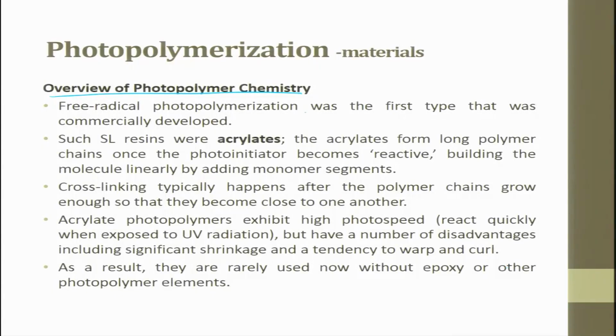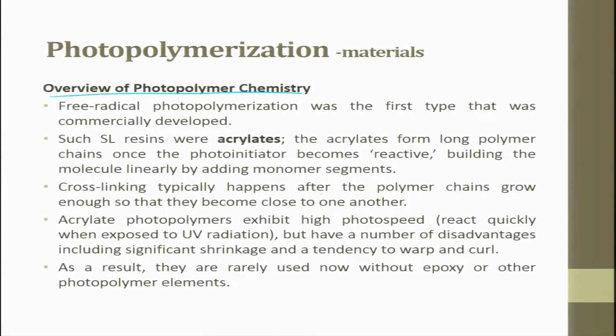The overview of photopolymer chemistry. Free radical photopolymerization was the first type that could be commercially developed. Since SL resins were acrylates, the acrylates form long polymer chains once the photoinitiators become reactive, building the molecule linearly by adding monomer segments.